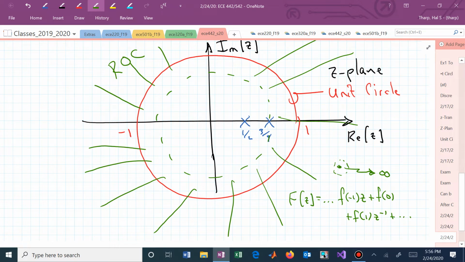What does that tell us? Does that tell us any useful information about some of those coefficients that are scaling the z's?